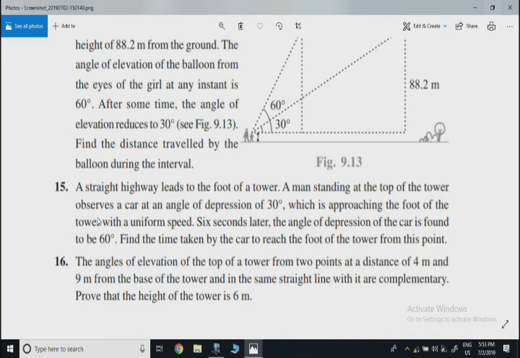Are you getting it? How to solve this question? 16.1. Okay. Do it. It's a good one.